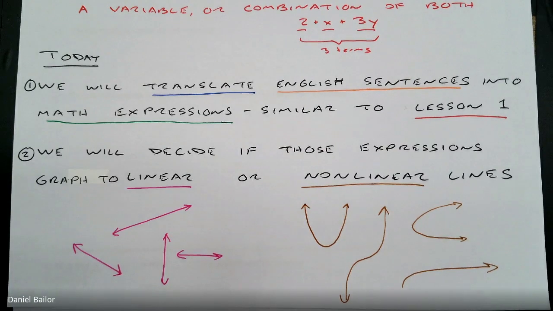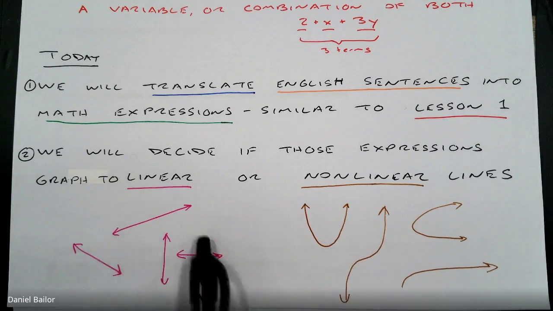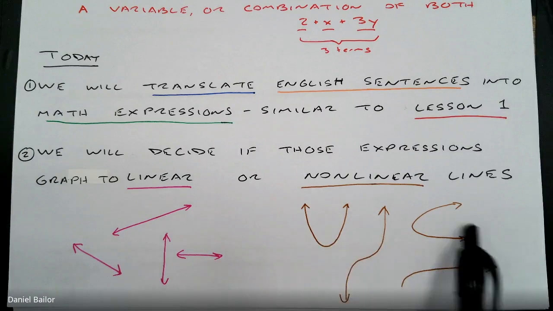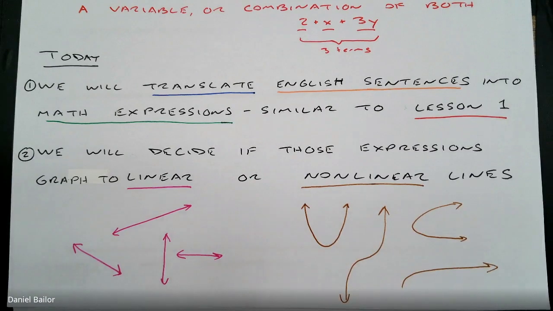And I did draw some examples right here. Linear expressions can look like these. The pink are examples of linear. The brown are examples of nonlinear. Now, it's easy to see if something is linear or nonlinear if you graph it.